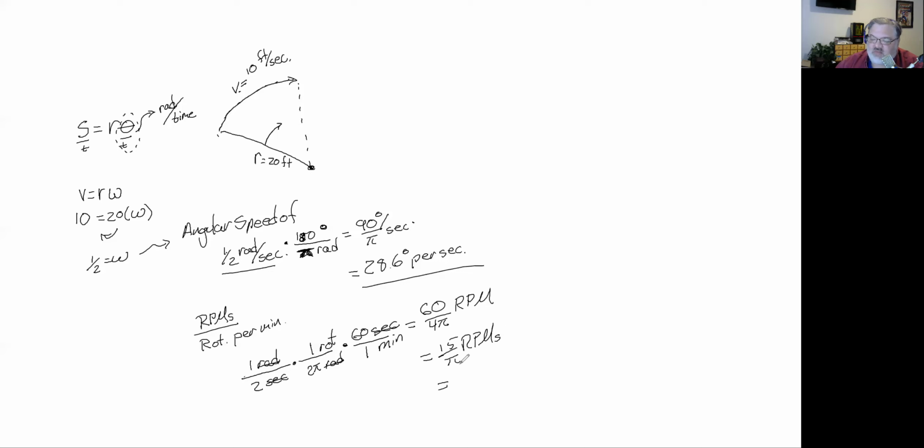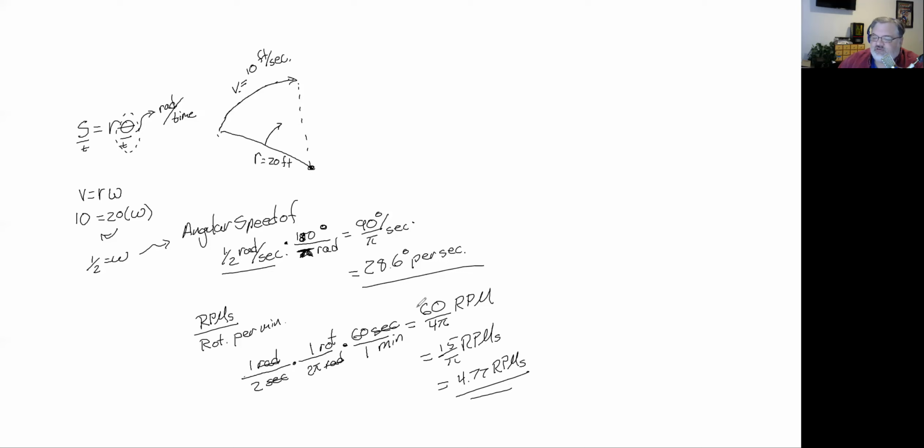And 15 divided by a little more than 3, so there should be a little less than 5. Again, we'll find out an approximation just for the fun of it. Again, we don't need these approximations. 15 over pi RPMs is a perfectly reasonable answer. But if you're trying to describe it to somebody, saying 4.77 RPMs will probably be more helpful.